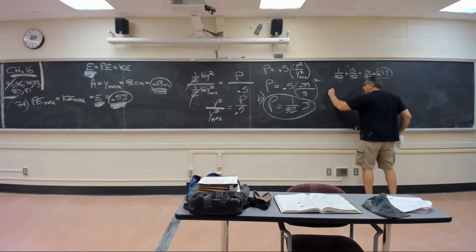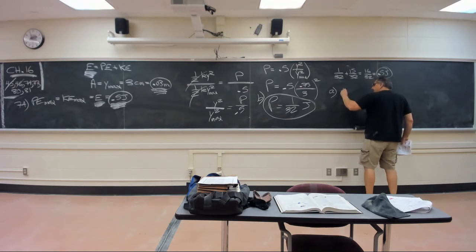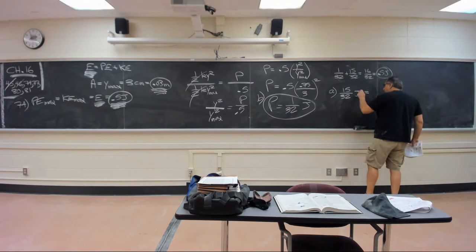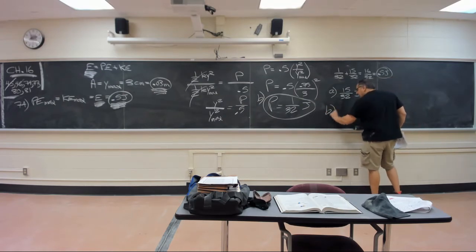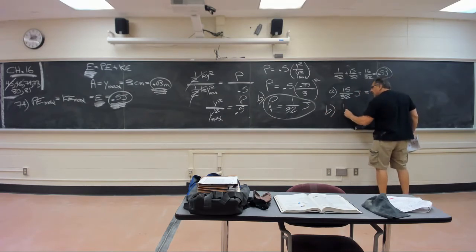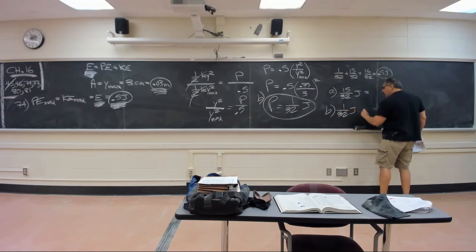So let's see what we got here. A is 15/32 joules, and I'll write that a different way in a bit. And the other one is 1/32 joules for the potential energy at that point.